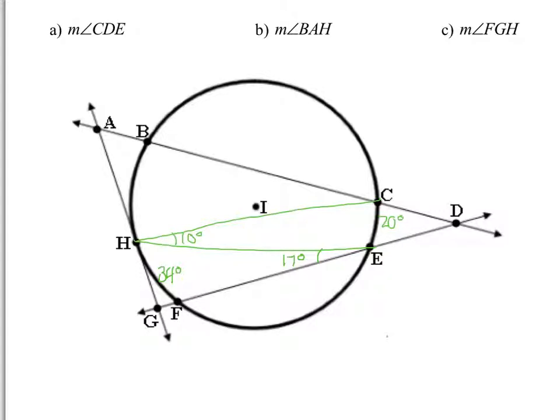Next thing we know is that arc FBC is going to be 230 degrees. I'm hoping to use colors to help you distinguish between these. And arc BFE is going to be 190 degrees.